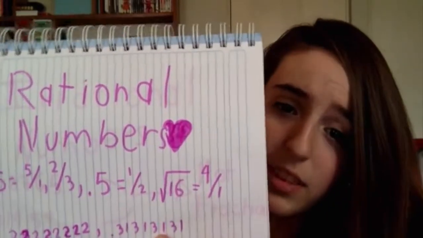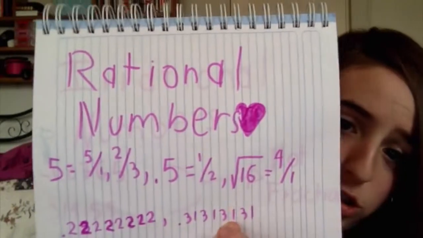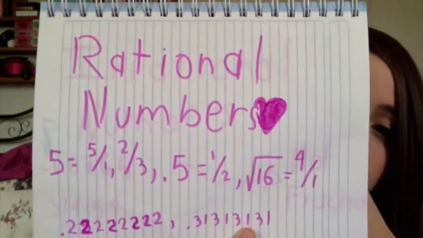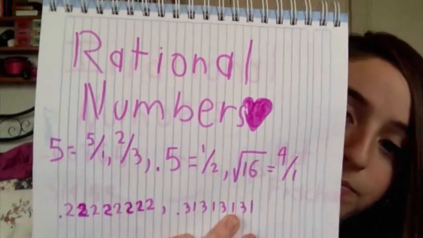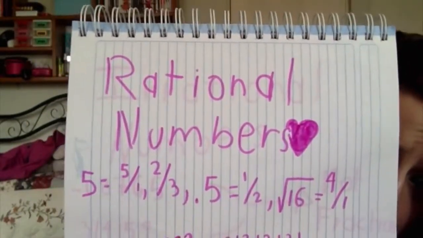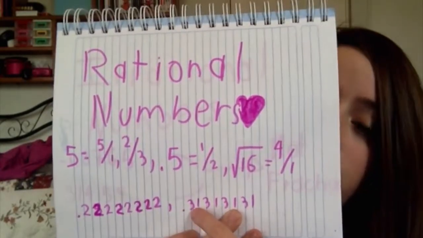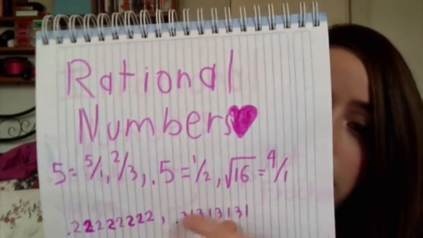Some roots can be turned into fractions such as the root of 16, that is turned into 4 or 4 over 1. Decimals that have patterns such as 0.2222222 or 0.31313131, if they have a pattern, they're rational numbers.